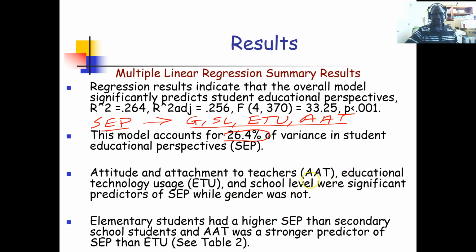And these three were significant. And also school level was significant. Gender was the only one not significant. An elementary school student had a higher student educational perspectives than the secondary school student.